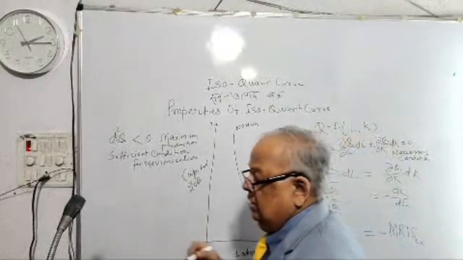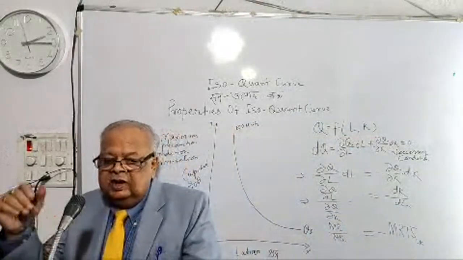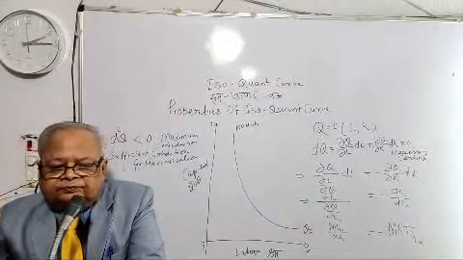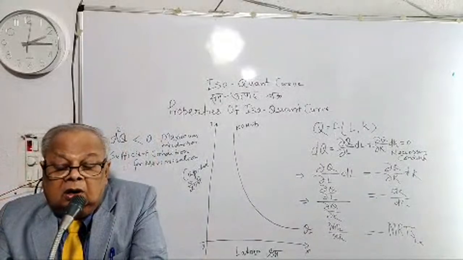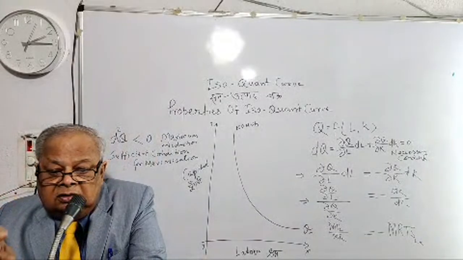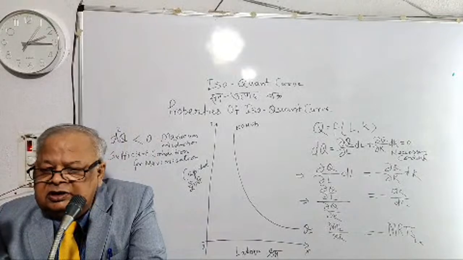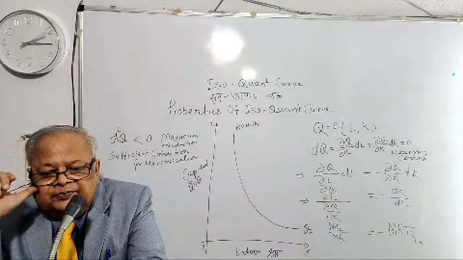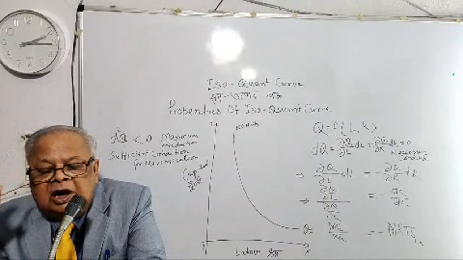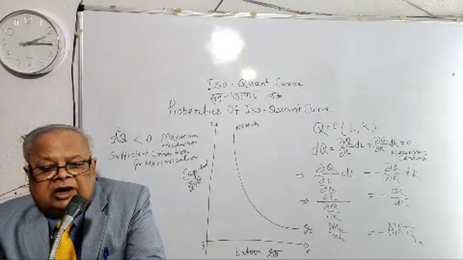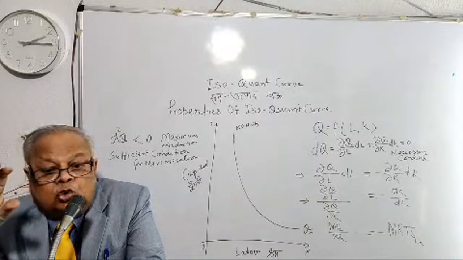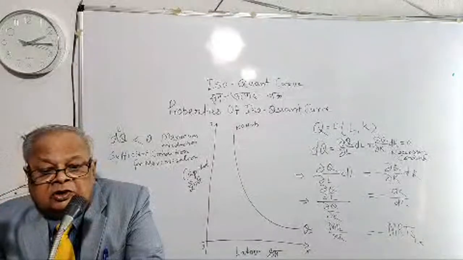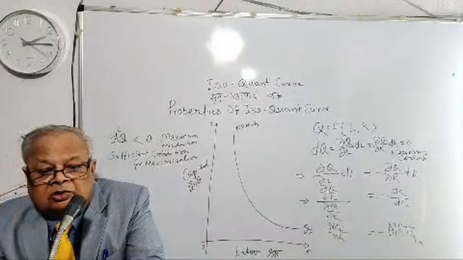So any producer faces a downward sloping isoquant curve. Isoquant curve is also known as the equal product curve.